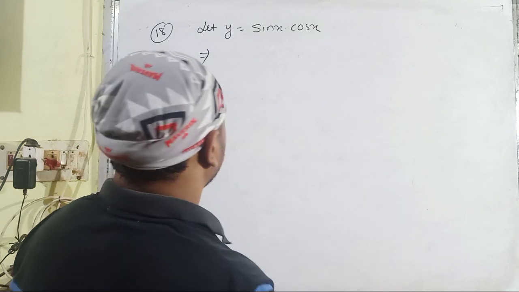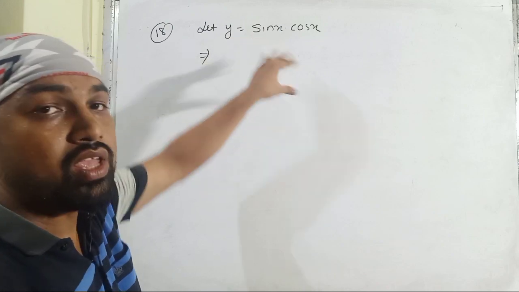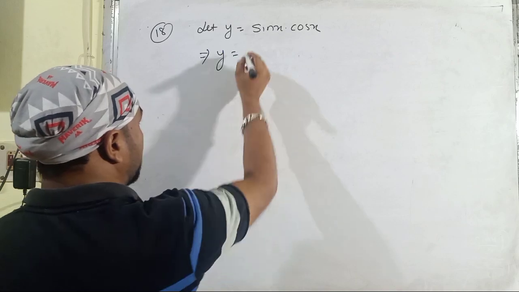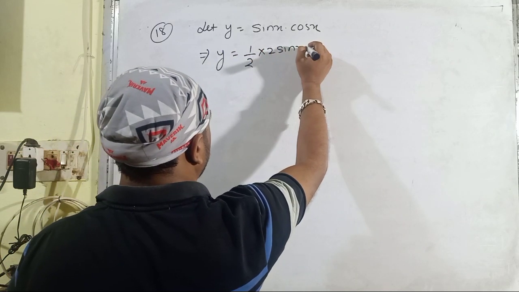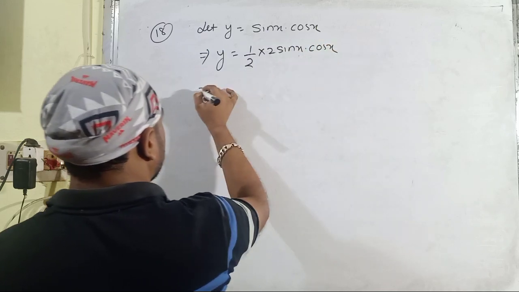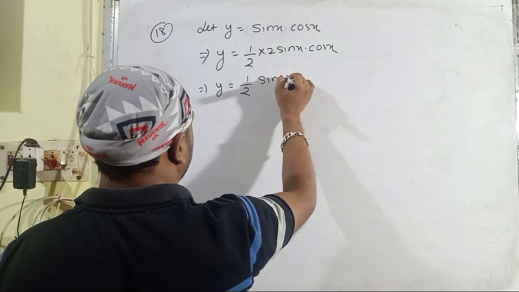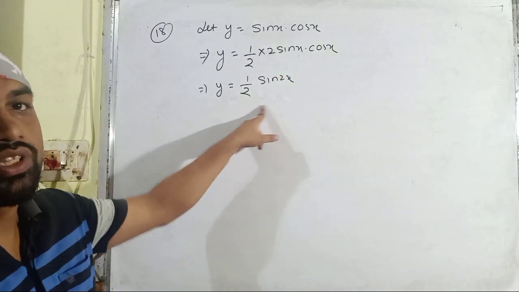But we are going to find the differentiation of y by using the chain rule. So certain changes are there. Dividing by 2 and multiplying by 2 with sin x multiplied with cos x, then y is equal to 1 by 2 sin 2x. Now we have to differentiate this with respect to x.